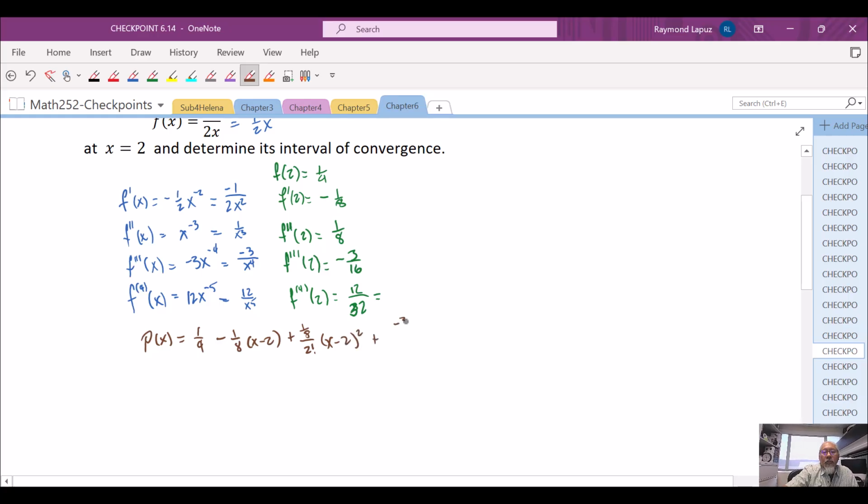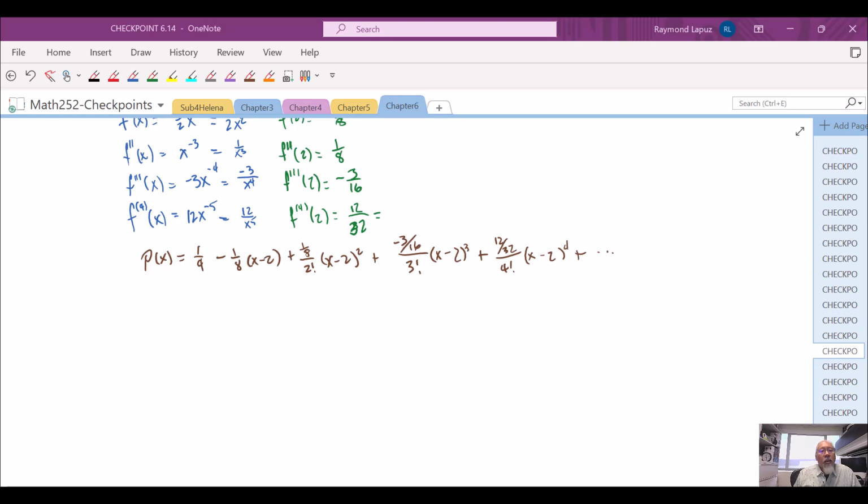And then we have negative 3 over 16 divided by 3 factorial, which is going to be 6, times x minus 2 to the 3rd. And then the fourth one is going to be a positive 12 over 32 divided by 4 factorial, times x minus 2 to the 4th power. Now let's put dot dot dot here because I'm still not seeing a pattern. All right, so after we do that, let's see if we can simplify and find a pattern.